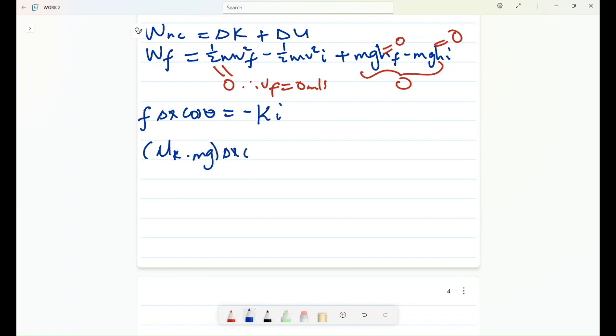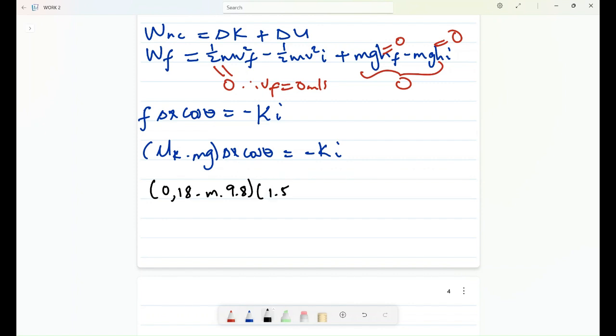Therefore, my change in x cosine of my angle is equal to negative initial kinetic energy. I do not need to derive half mv squared, because I have the kinetic energy. So what is my mu k? My mu k was 0.18 multiplied by my mass multiplied by 9.8 multiplied by my change in x.